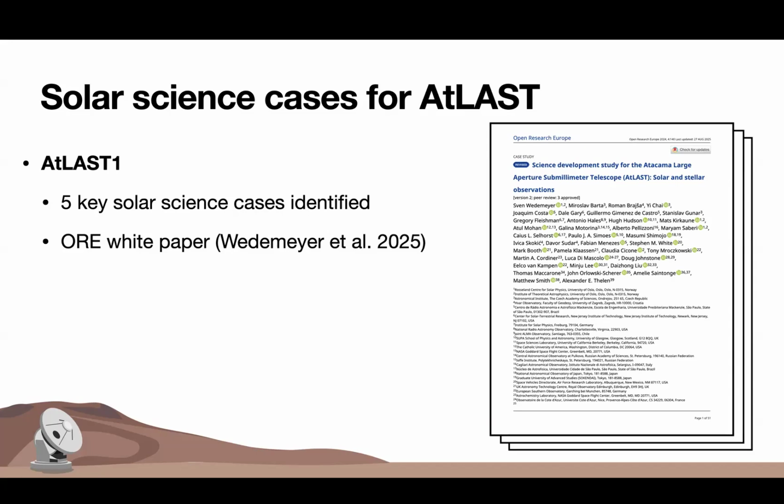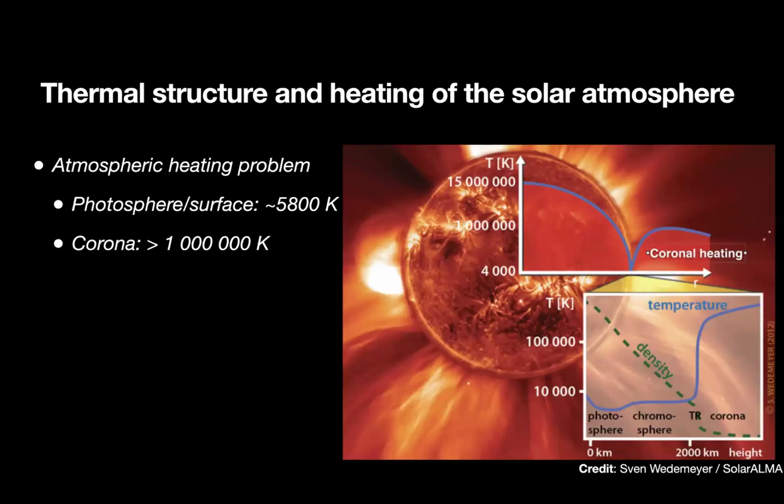And I'll go through most of them now briefly, just to look at what exactly it is AtLAST could do to further these cases. The first of which is the thermal structure and heating of the solar atmosphere.